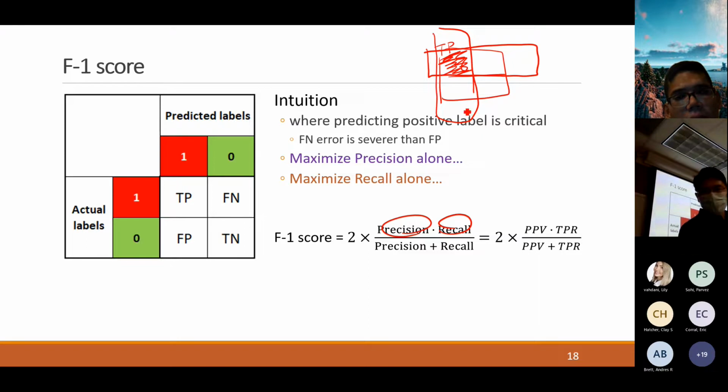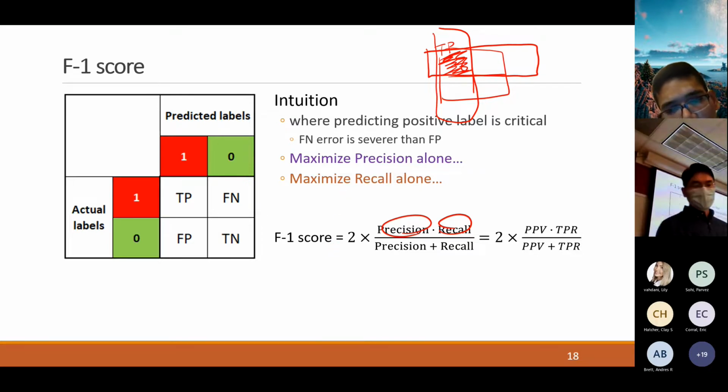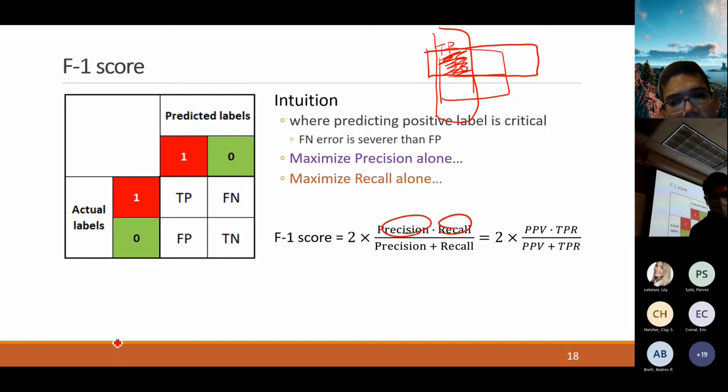If you have both high recall and high precision, you can almost guarantee you have a good model. If you have a low F1 score, maybe one of them is bad, or maybe both of them are bad. And we can look at some scenarios. Let's say we have 100 cases, and the algorithm predicts.